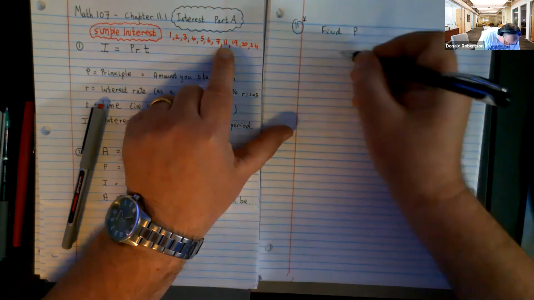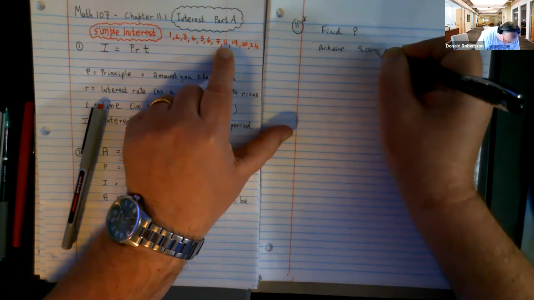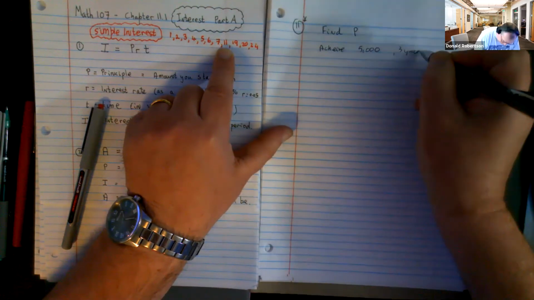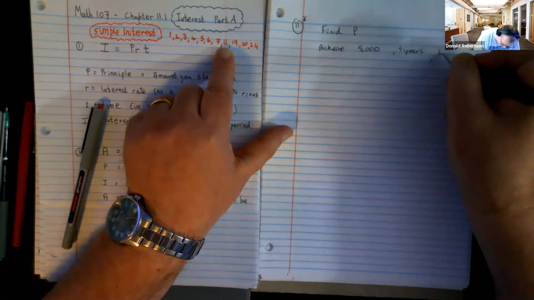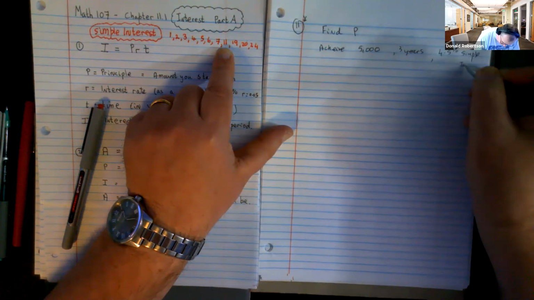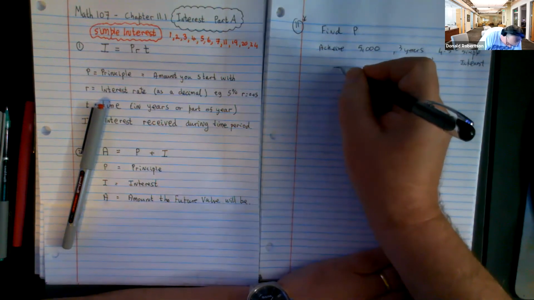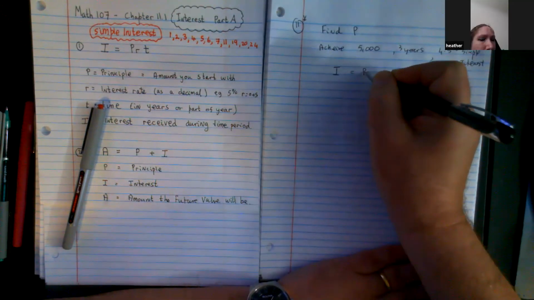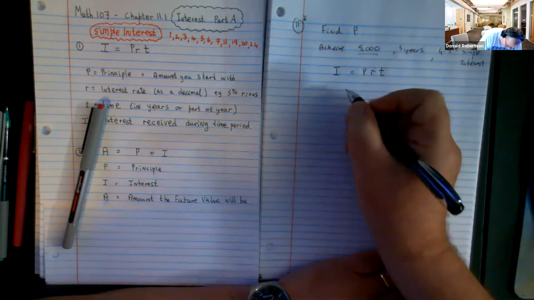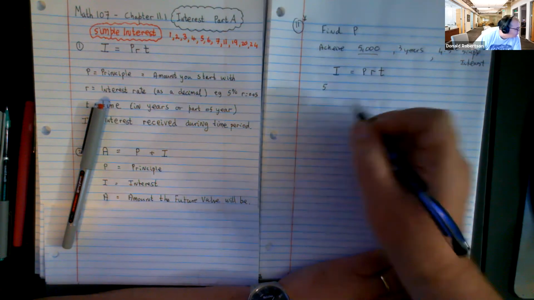And it says that you have to achieve $5,000 in 3 years at 4.5% simple interest. So interest is P times R times T. We want to achieve 5,000. I've lost the question here.